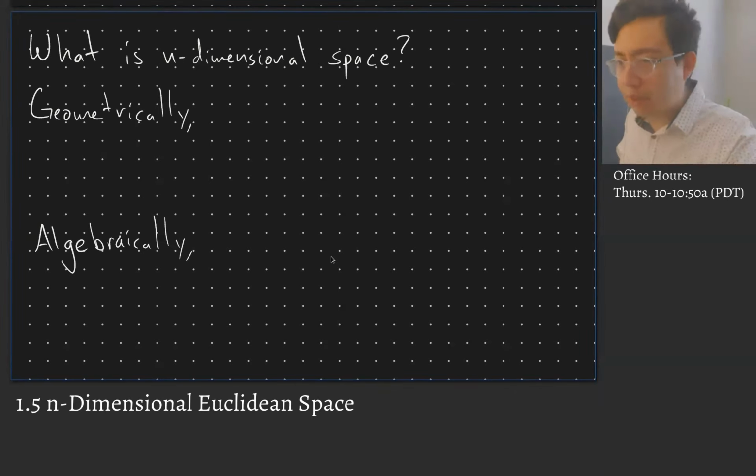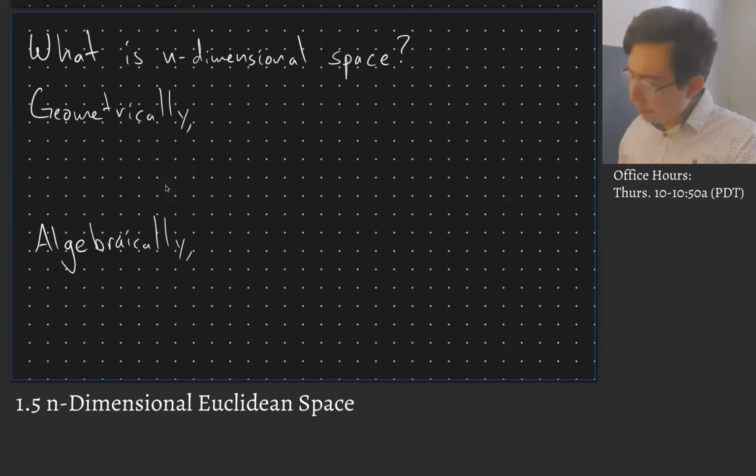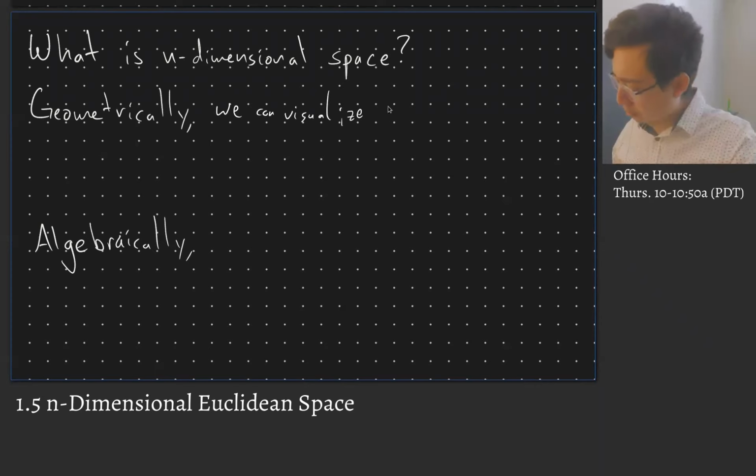And I want to talk a little bit about, first of all, what is n-dimensional space even? Geometrically, we can visualize Euclidean space in the cases when n equals 2 or 3, right?